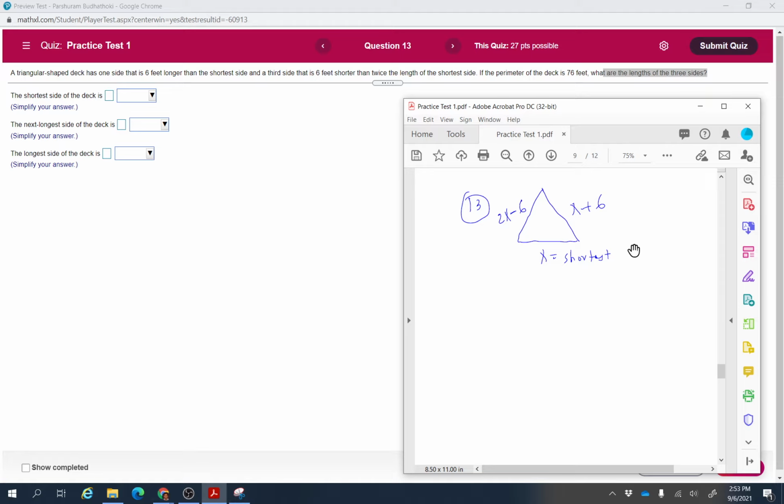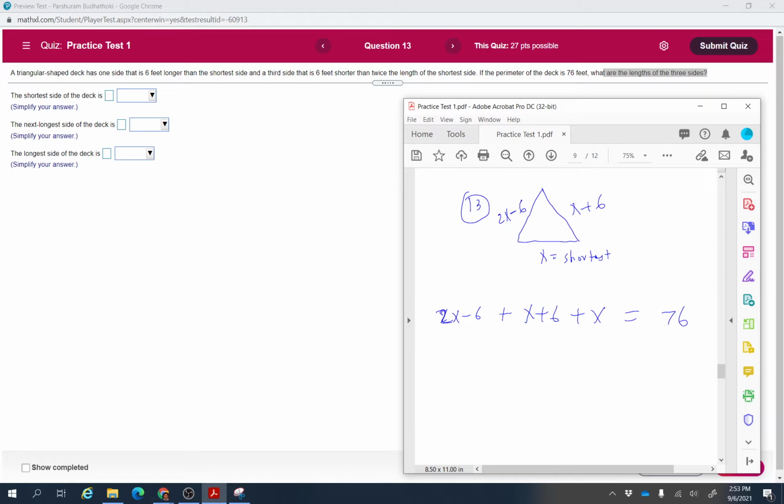Now we need to find out the actual length of the sides of the triangle. And one thing we are given is the perimeter. Perimeter means the sum of these three sides. 2x minus 6 is the first side, x plus 6 is another one, x is another one. If you take the sum, that is called the perimeter, and the perimeter is 76 meters.